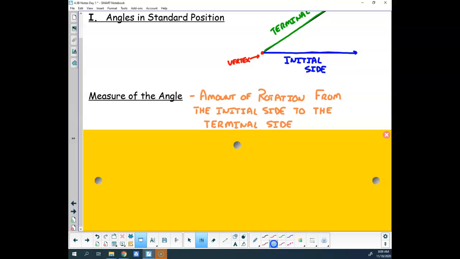That's the true definition of the measure of an angle.